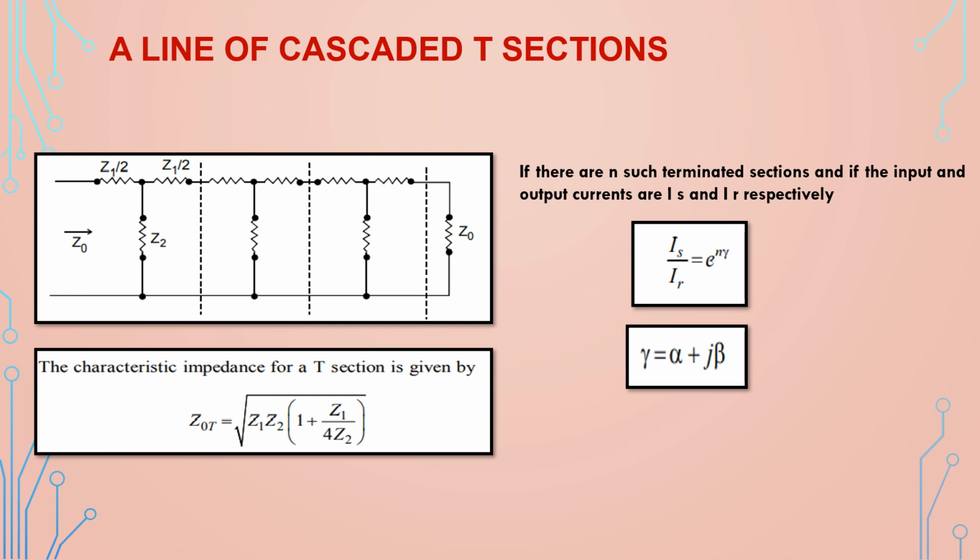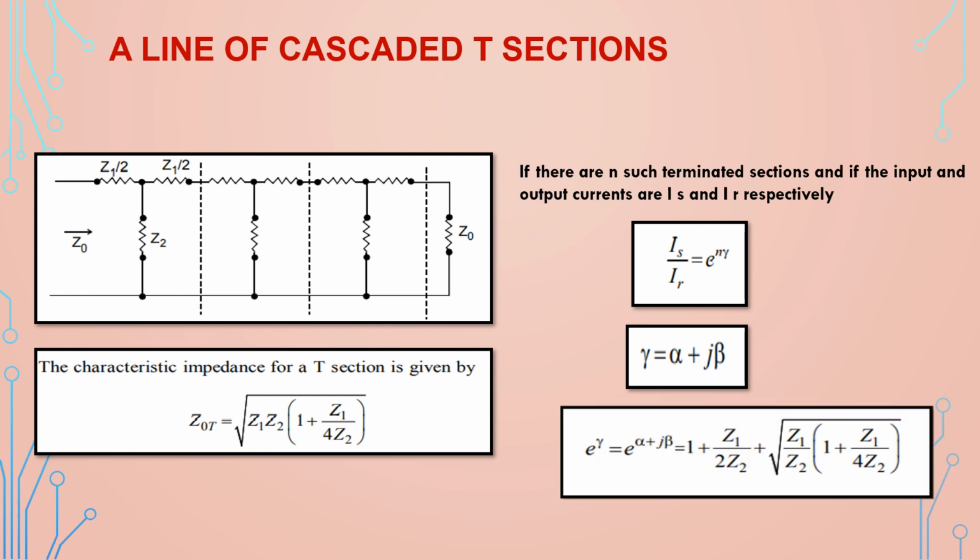What is beta accounting for? The phase shift. And this equation, e power gamma equal to e power alpha plus j beta, can be written in terms of series and shunt arm impedances as 1 plus Z1 by 2 Z2 plus square root of Z1 by Z2 into 1 plus Z1 by 4 Z2.